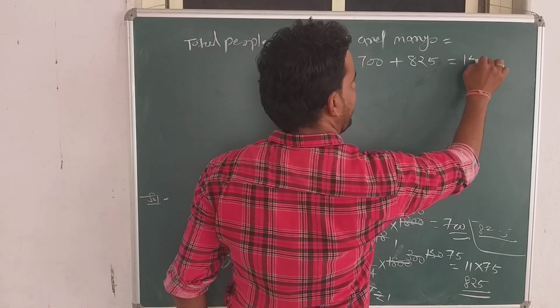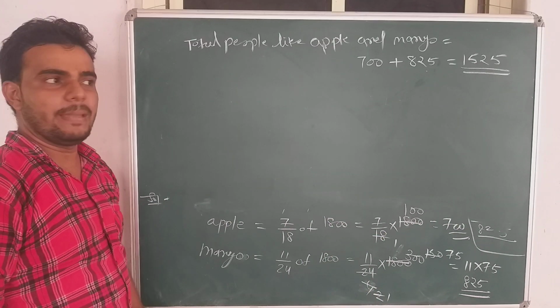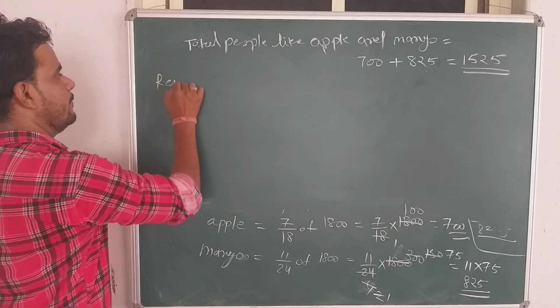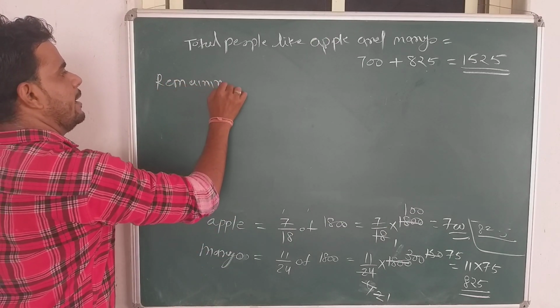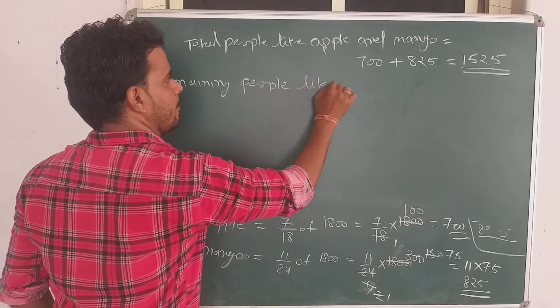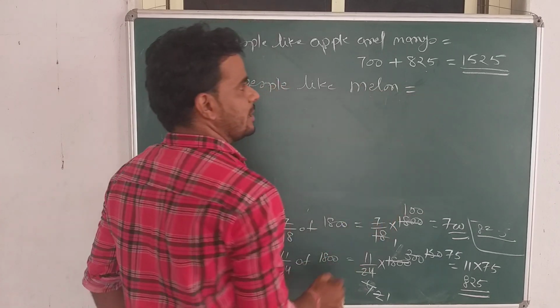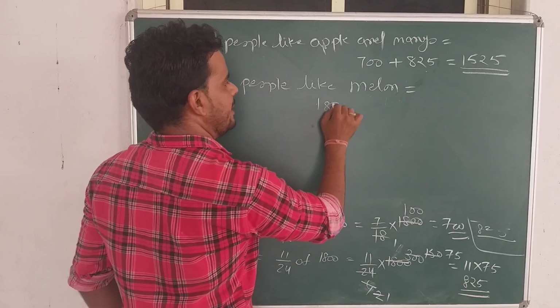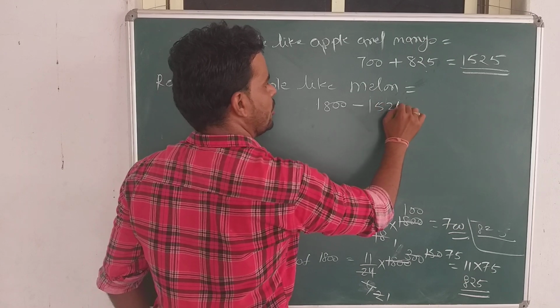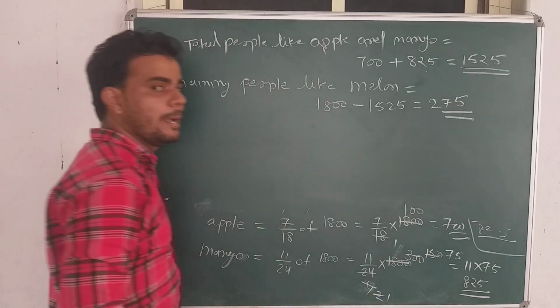It means 1525 people like apple plus mango. Then the remaining people like melon. So the remaining people are 1800 minus 1525. So the result is 275 people like melon.